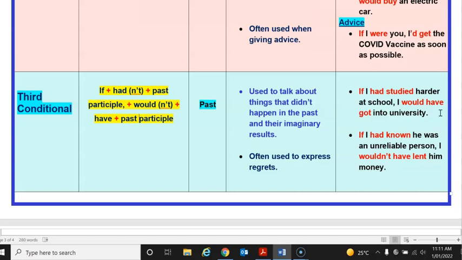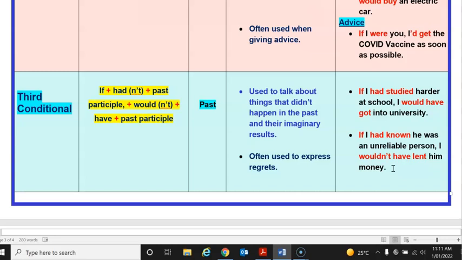Let's have a look at the second example. If I had known he was an unreliable person, I wouldn't have lent him money.